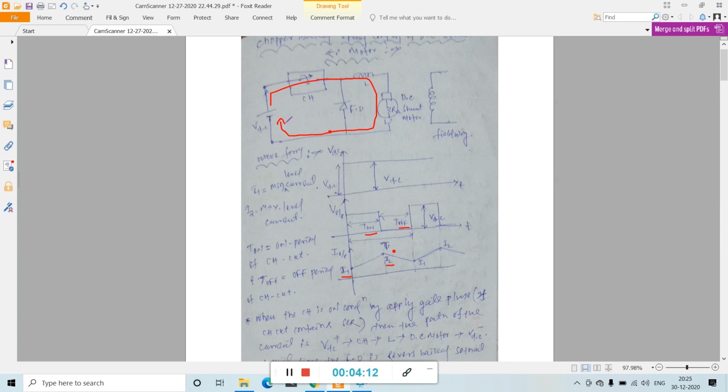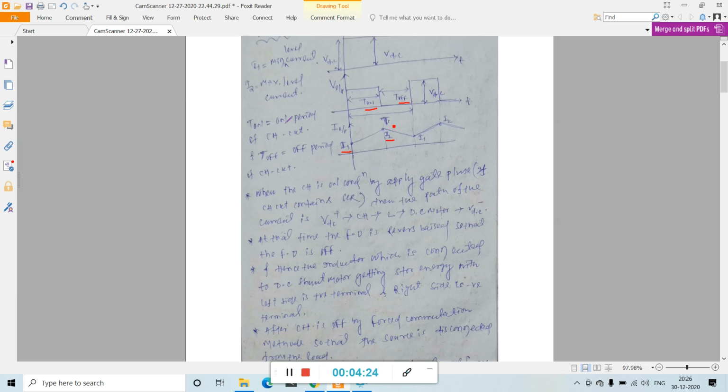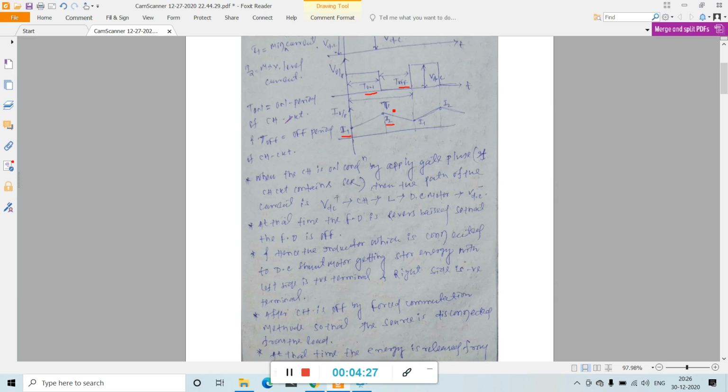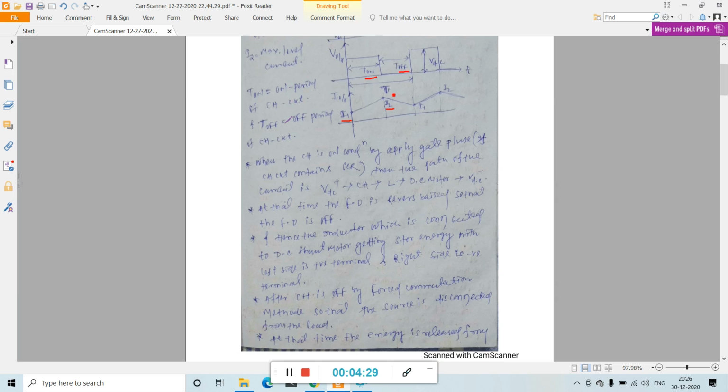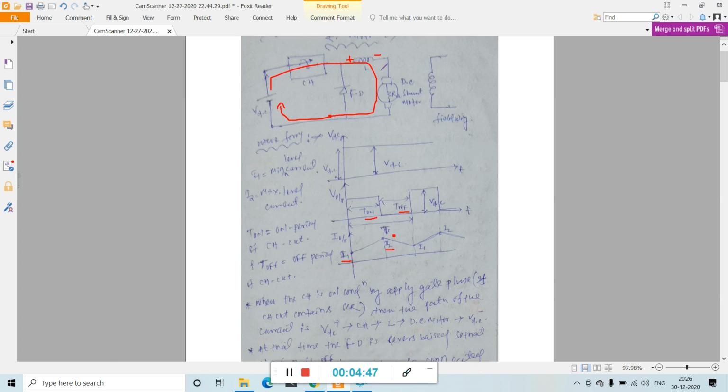At that time the free wheel diode is reverse biased, so the free wheel diode is off. Hence the inductor connected to the DC shunt motor stores energy, with the left side as the positive terminal and the right side as the negative terminal.